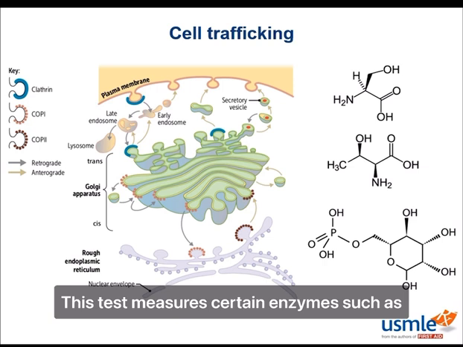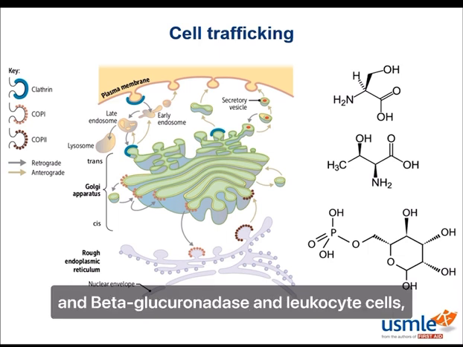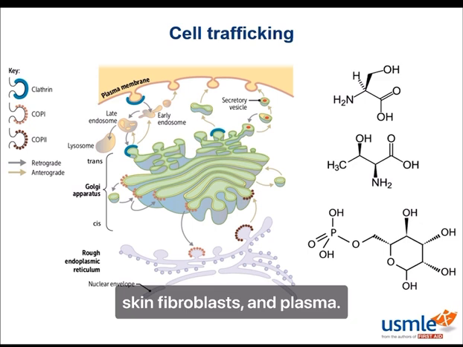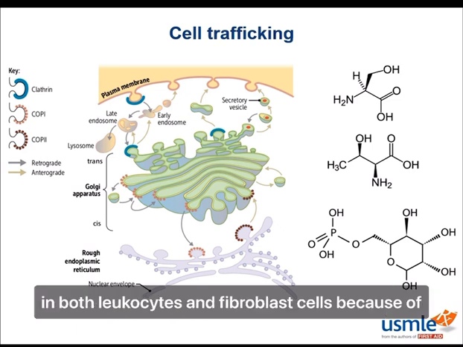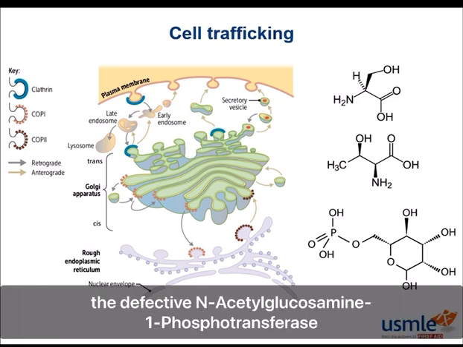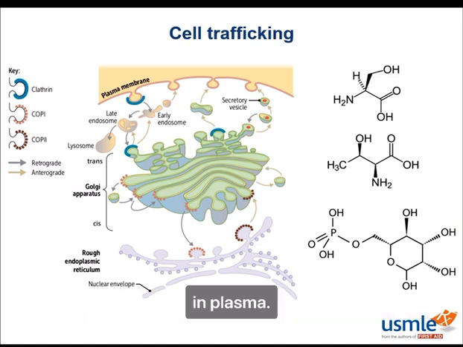This test measures certain enzymes such as alpha-mannosidase, alpha-fucosidase, and beta-glucuronidase in leukocyte cells, skin fibroblasts, and plasma. Activities of these enzymes will be low in both leukocyte and fibroblast cells because of the defective N-acetylglucosamine-1-phosphotransferase enzyme, but will be 10 to 70 folds higher extracellularly in plasma.